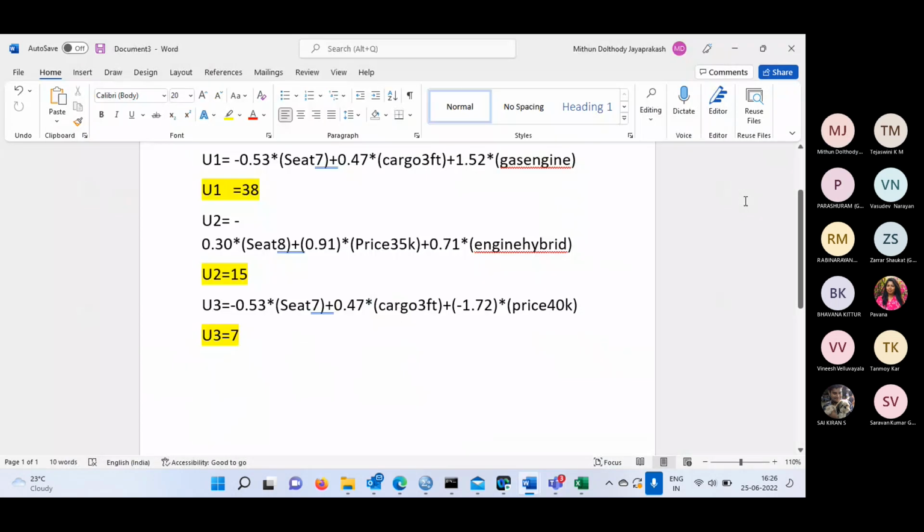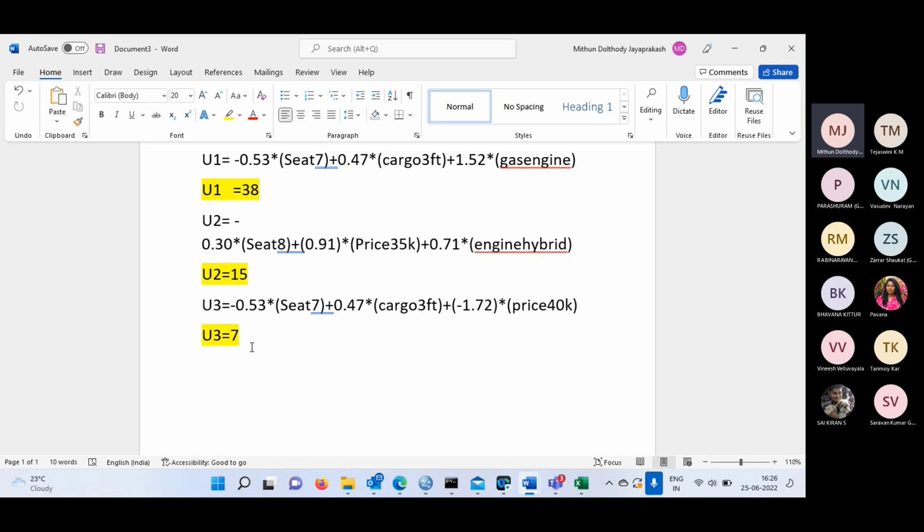Okay, this is what we have, guys, as far as utility scores are concerned. Now, one thing here is that these are absolute numbers: 38, 15, and 17, which might get a bit difficult for people to understand. The marketing team may find it difficult.